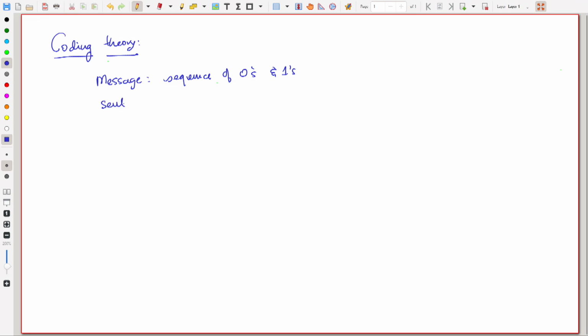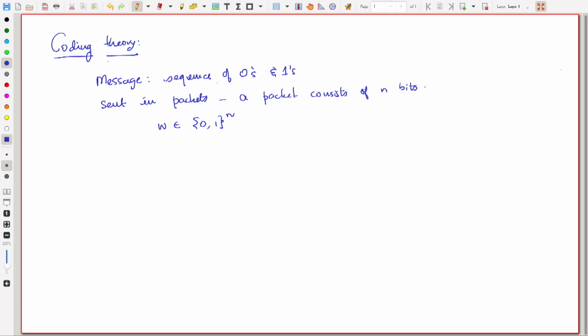So, maybe you will send 7 bits at a time or something like that. So a packet consists of n bits, let us say. So, your message is going to be some vector w in {0,1}^n. So, you can just think of it as a sequence of n numbers, each of them either 0 or 1.